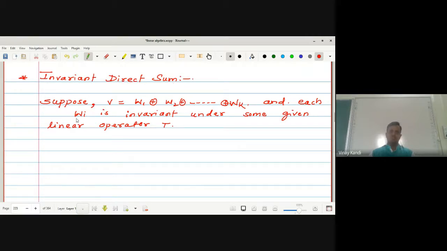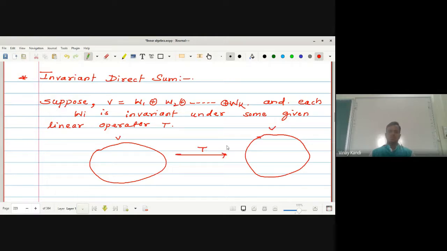What is V? V is the direct sum of all these subspaces, and Wi is invariant under T. That means suppose this is V, and this is the codomain V, and T is the linear operator. Suppose this is W1, this one is W2, up to Wk.